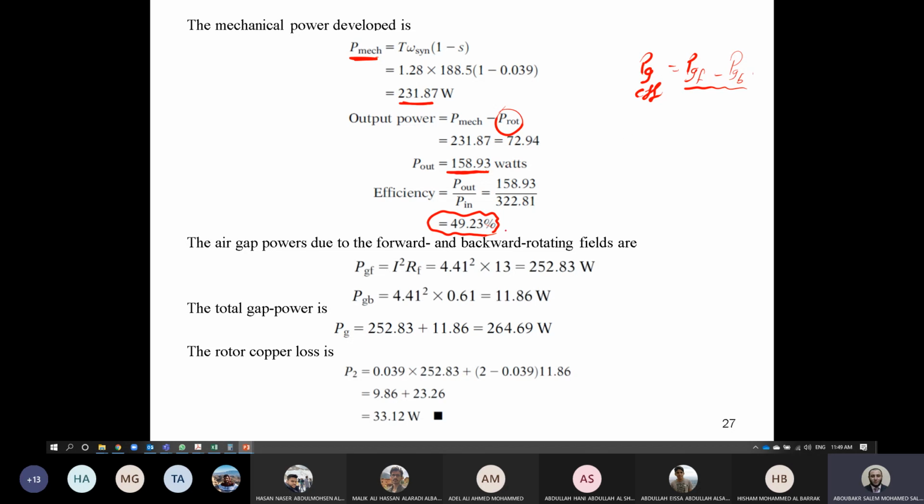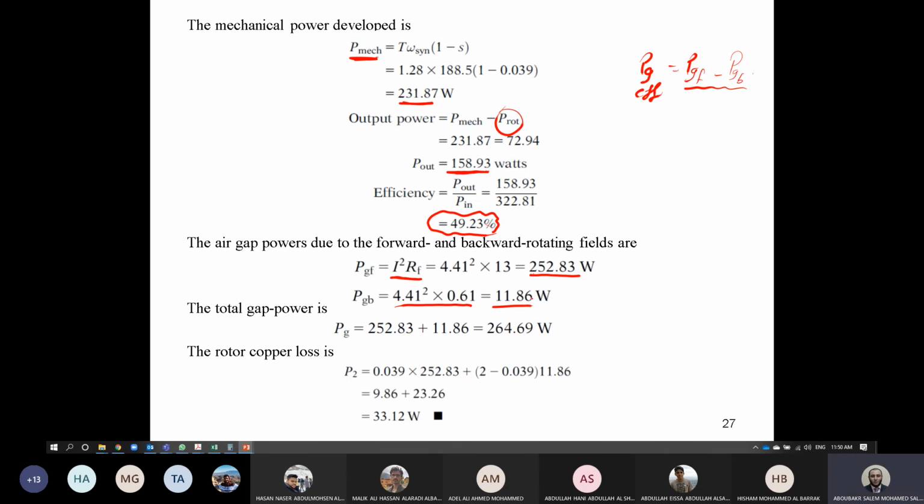Now, shabab, we also need to obtain the air gap powers due to forward and backward. Simply we can say I square R forward is the forward power, and I square R backward is the backward power. If we were working in three-phase, the total power should be higher, but here, because part of the gap power is in backward, the resultant power will be the difference between them.